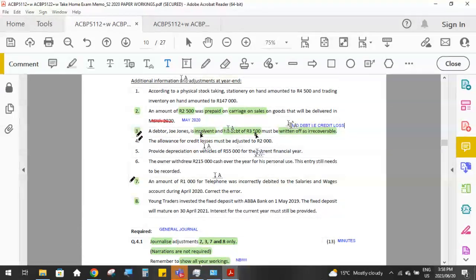He owes us this money, which means that that 3,500 is currently included in our debtors control account and in our debtors ledger in Joe Jones's personal account. So we've got to reduce debtors control by 3,500 because Joe Jones is not going to pay us that money.